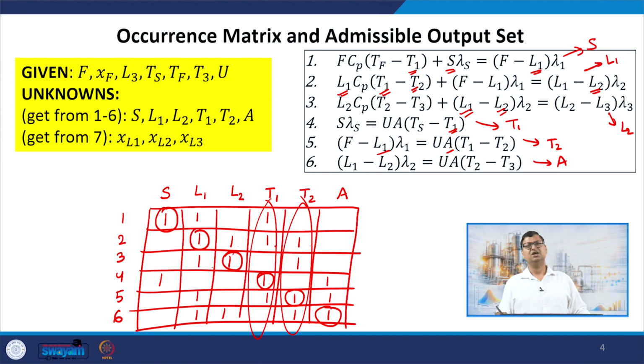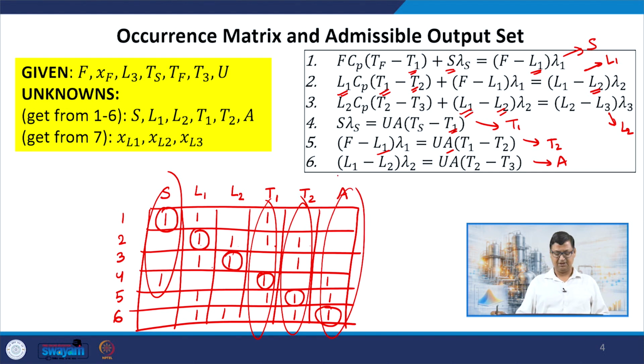Of course, the overall temperature drop was given, and that made our life easier in developing the scheme. But what is also known is T1 and T2 are appearing in basically 4 elements if I look at the columns of T1 and T2. As opposed to that, S is appearing only twice, A is appearing thrice, L2 is also appearing thrice.